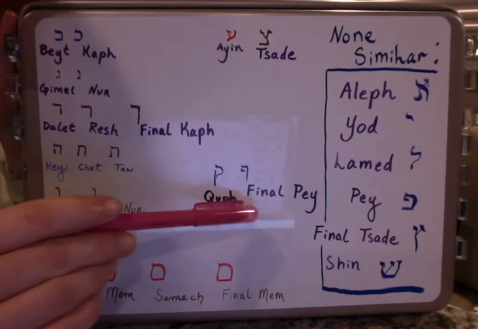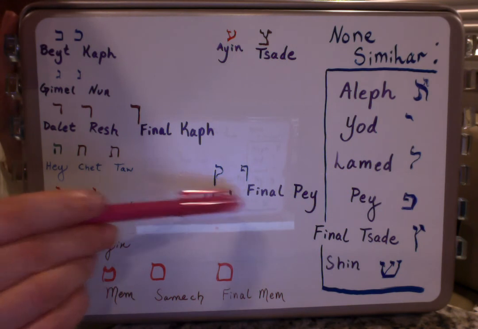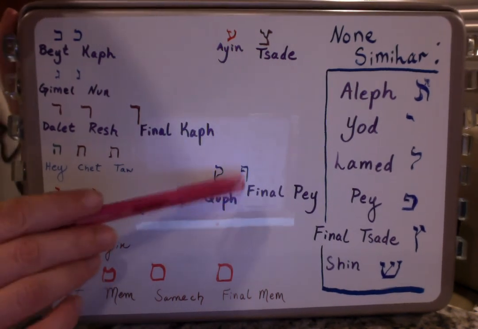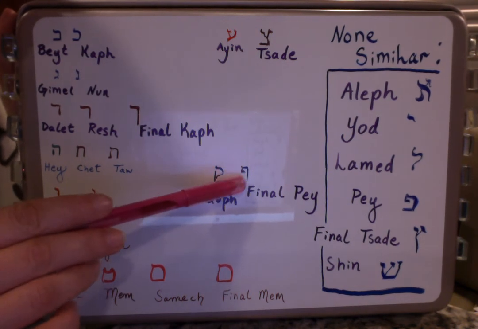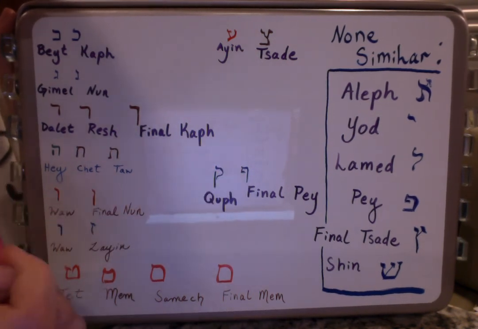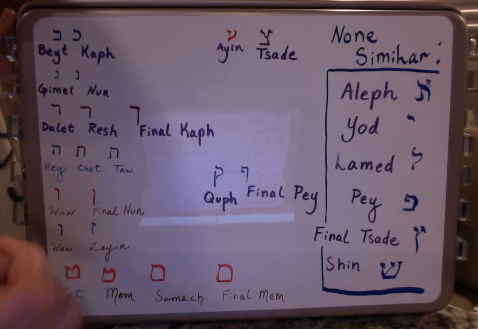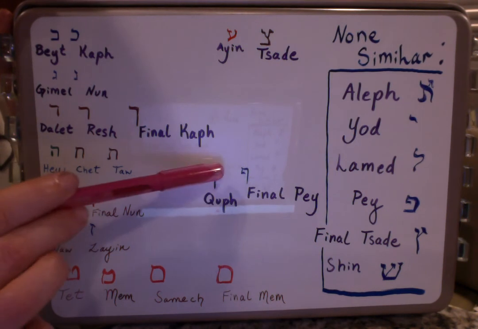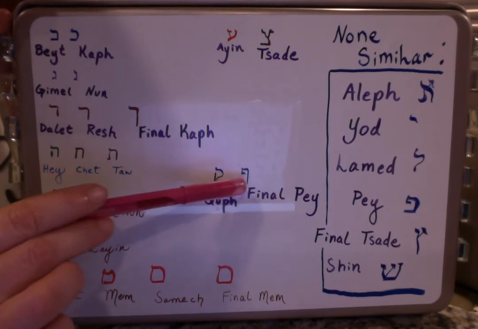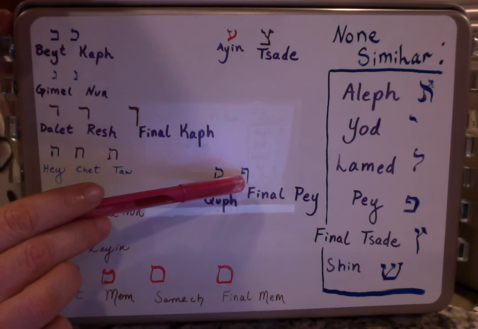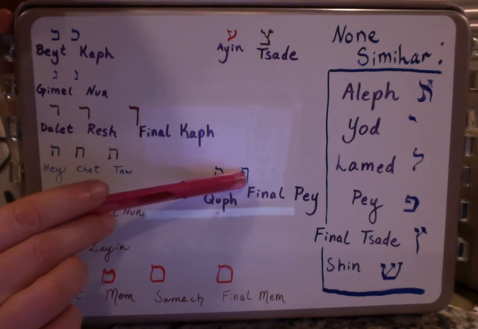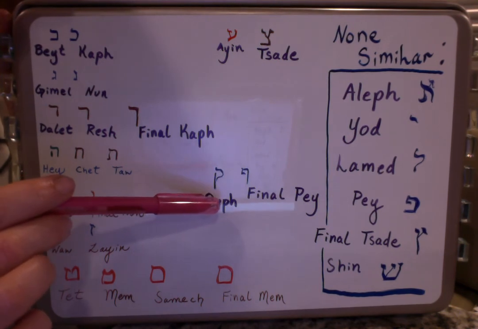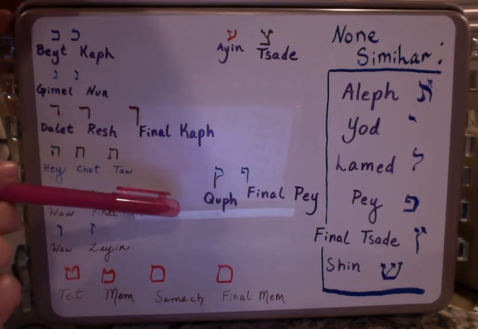So kuf and pei, because pei, I kind of feel like shows up a little more than kuf. Pei is facing left. Kuf is facing right. That's how I see it with these curves that come out. And of course this one has a straight line on the bottom where this one has a curve on the bottom of the circle in the middle.